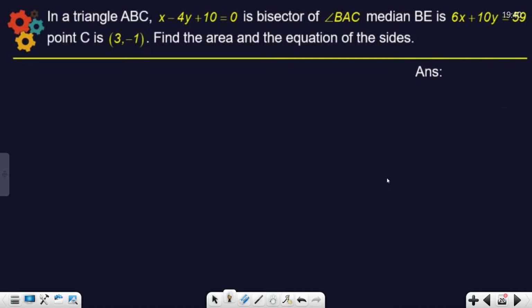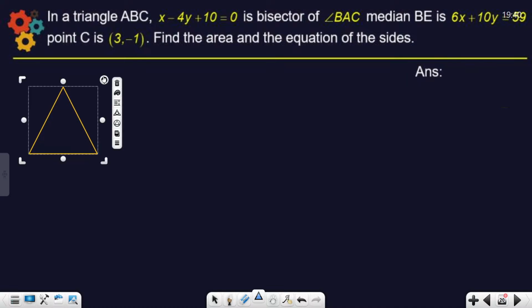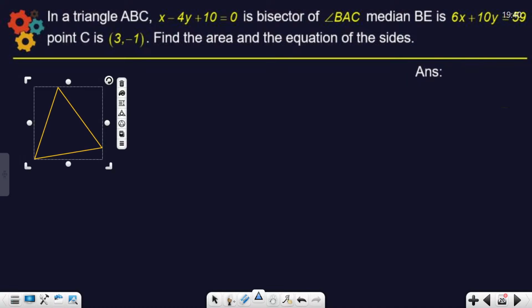See this question. The question is: in the triangle ABC, let me just first draw the triangle. Okay, so this is my ABC triangle.